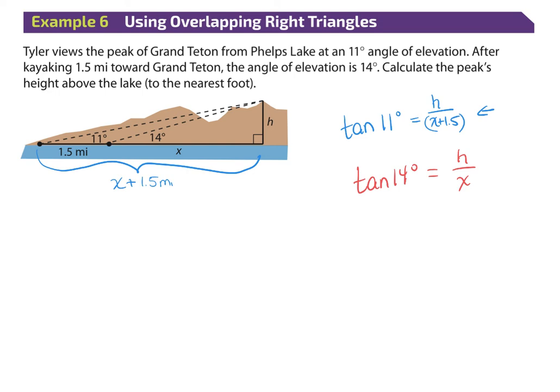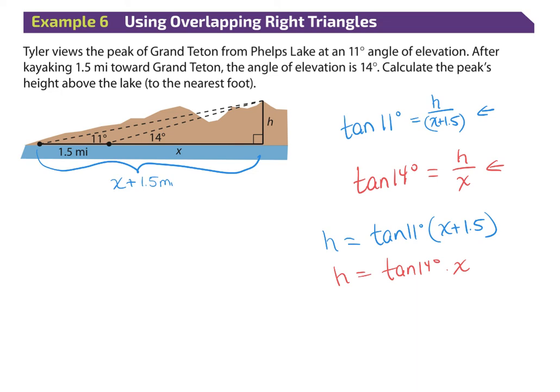Everybody agree with that? So up here, the height equals the tangent of 11 degrees times (x plus 1.5), right? If I isolate the height here, it is going to equal the tangent of 14 degrees times x, right? So far, so good?